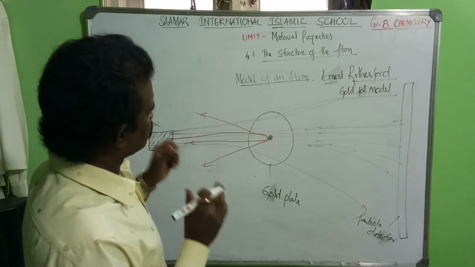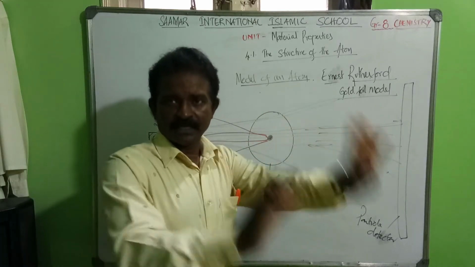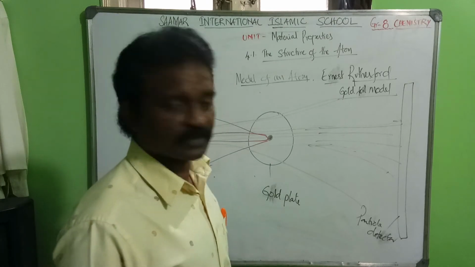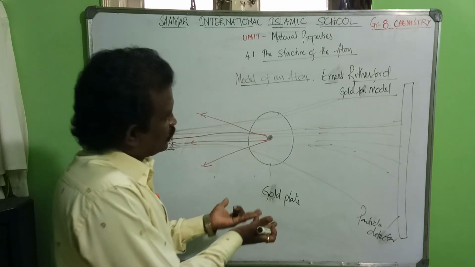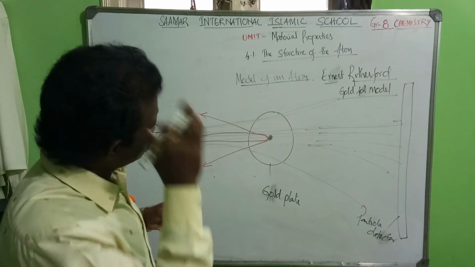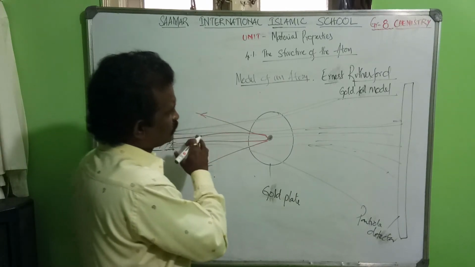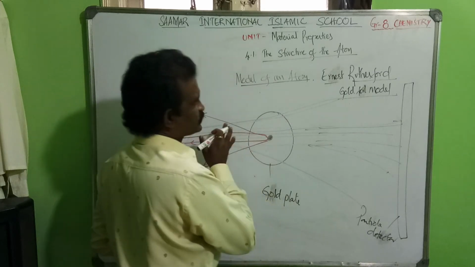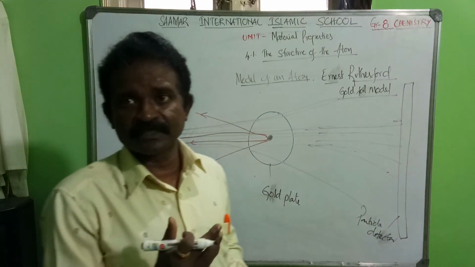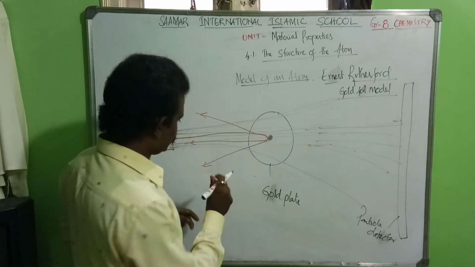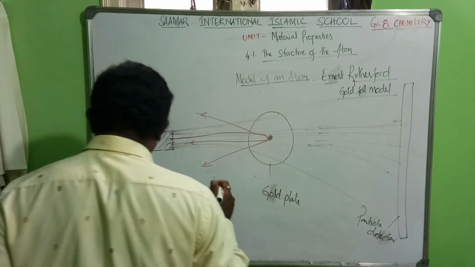So he said there are three types of charges in the atom. That was his conclusion, and he made a foundation for other scientists. Other scientists scratched their heads. Why do some rays go straight, some take an angle, and some come back? Let us find out. One by one, three scientists were involved.